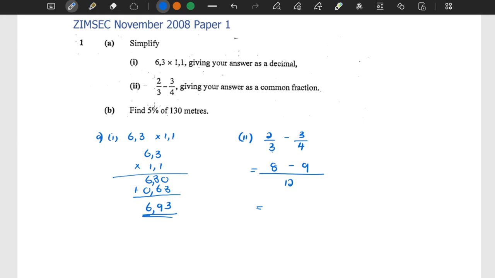And then we simplify that. 8 minus 9, that's minus 1 over 12.